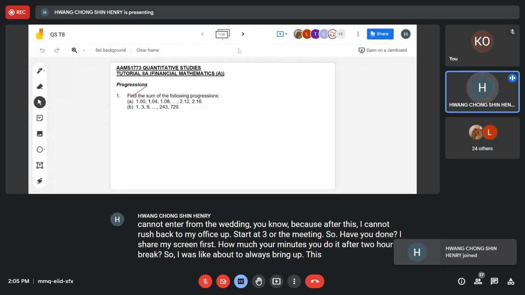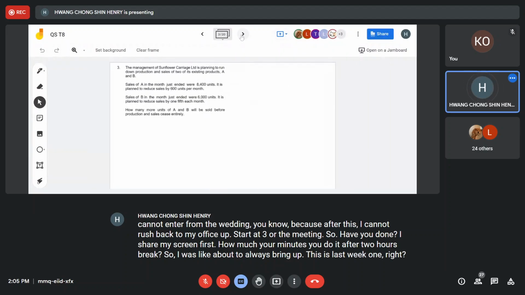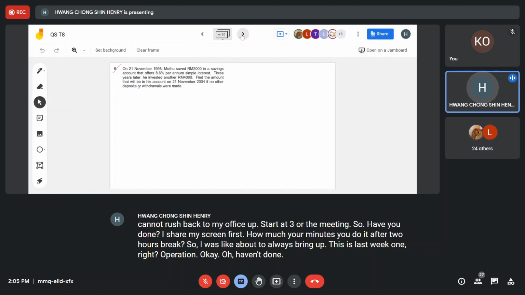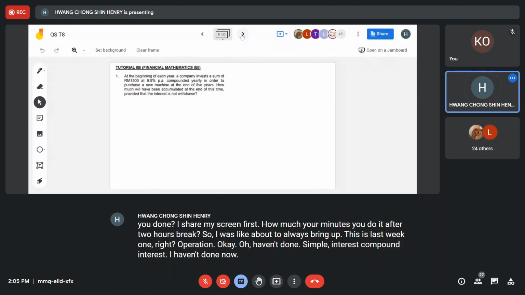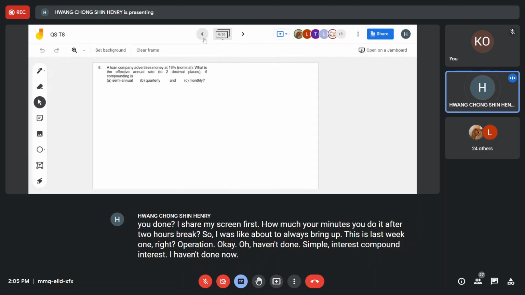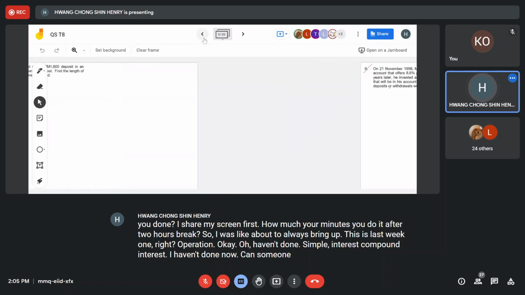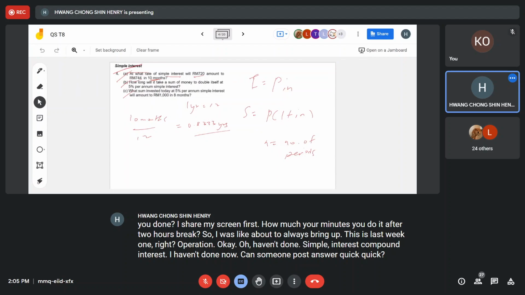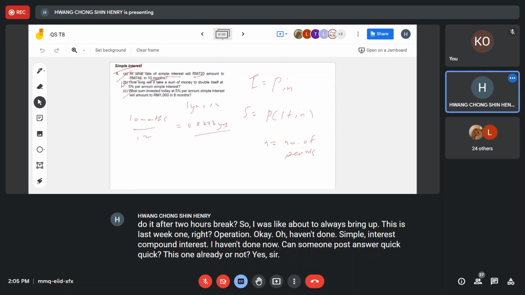This is last week's one, progression. Oh, you haven't done simple interest and compound interest. Can someone post the answer quickly? Has this one been done already or not? Yes, done already.